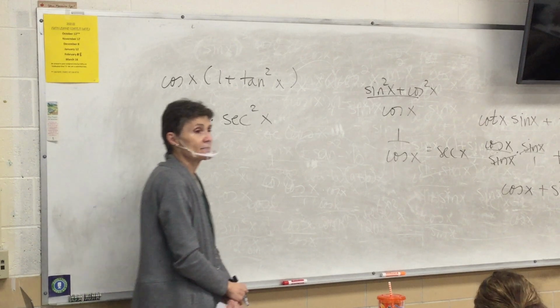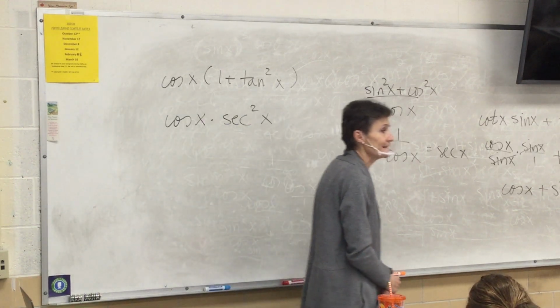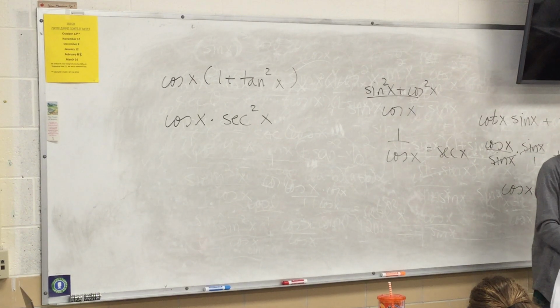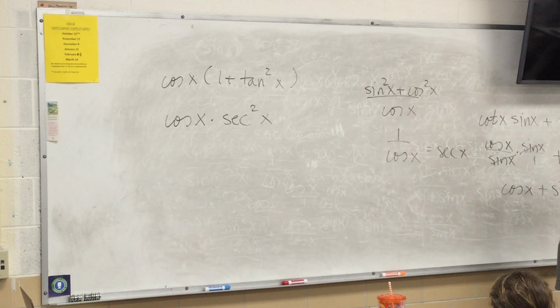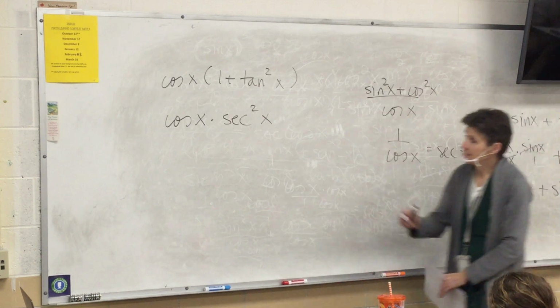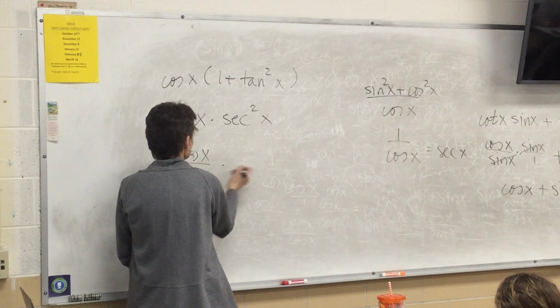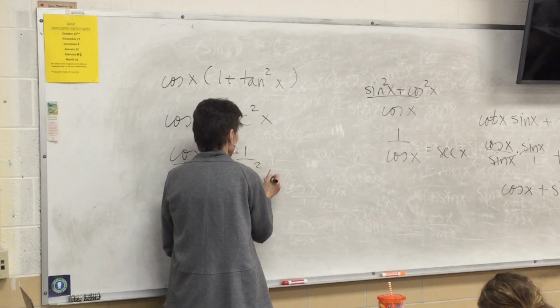Now, tell me about secant. What is secant? Secant is the reciprocal of the cosine. So isn't secant squared the same as 1 over cosine squared?